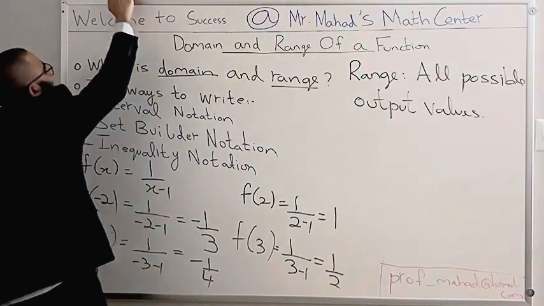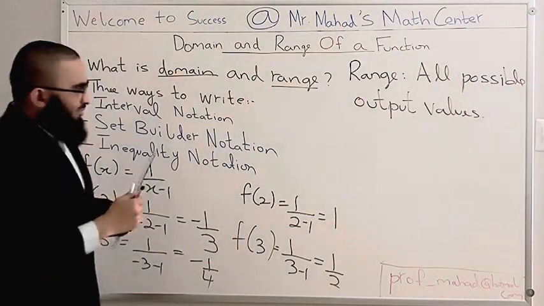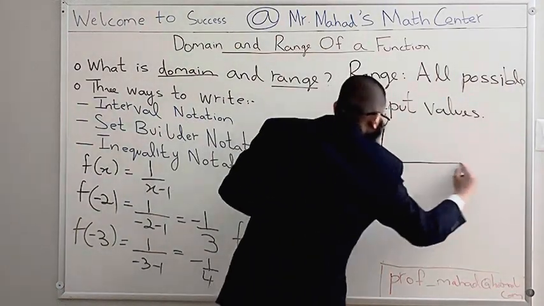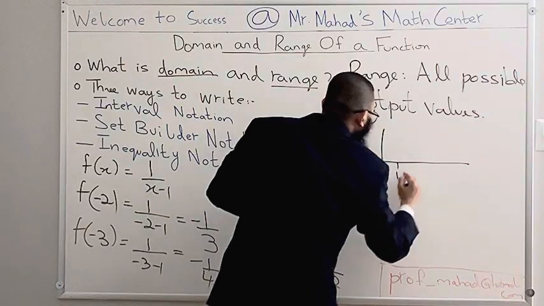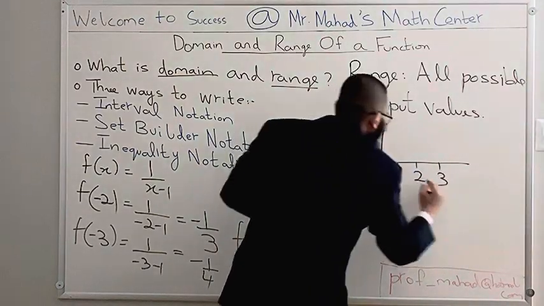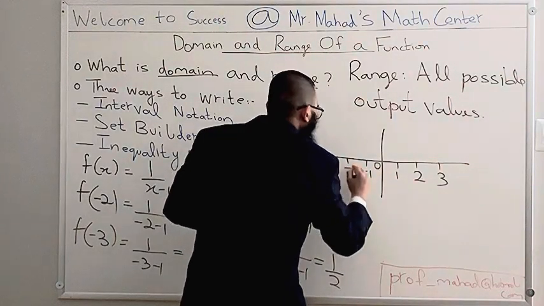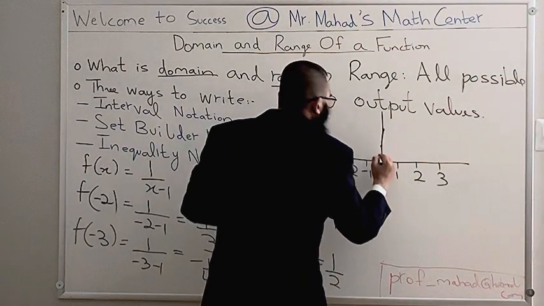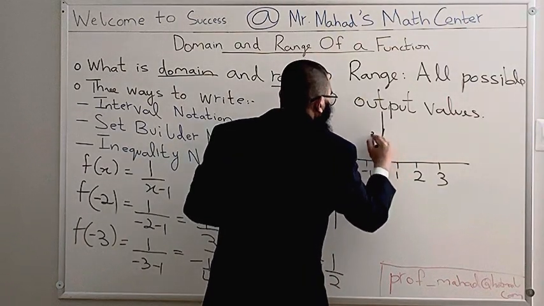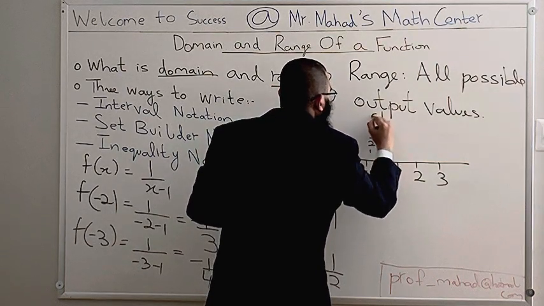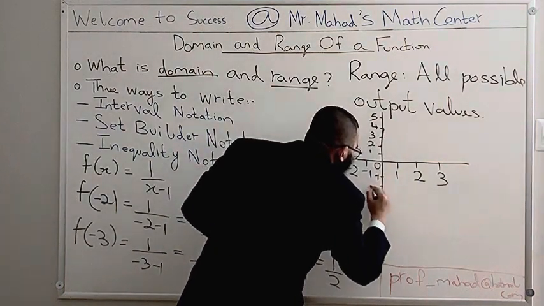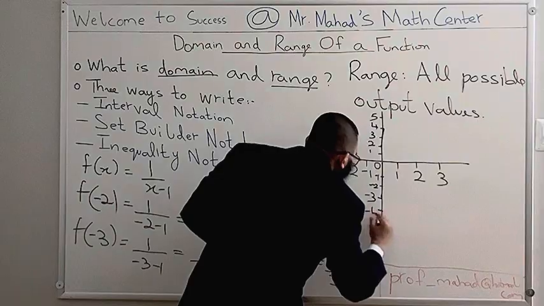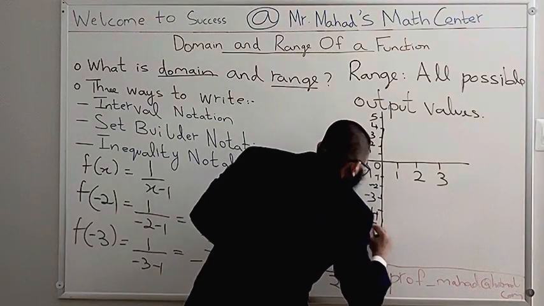To help us understand, I'm going to make a sketch of the graph. So you have the 0 here, 1, 2, 3, negative 1, negative 2, negative 3, and then you have the y scale, 1, 2, 3, 4, 5, negative 1, negative 2, negative 3, negative 4, negative 5.